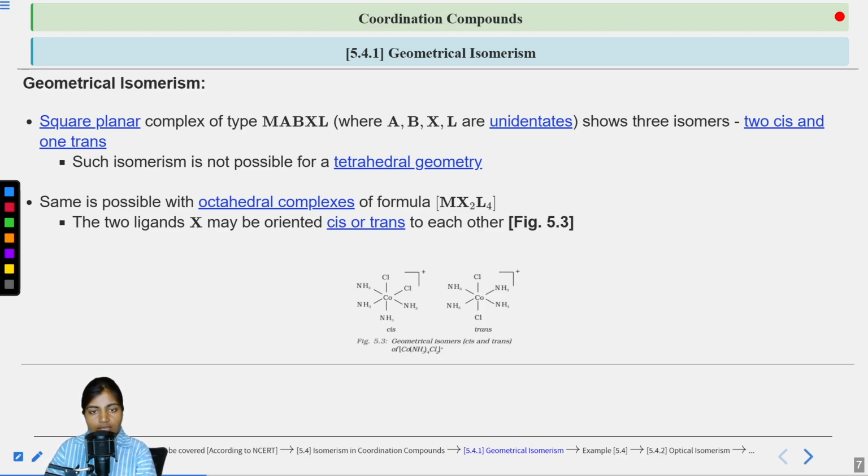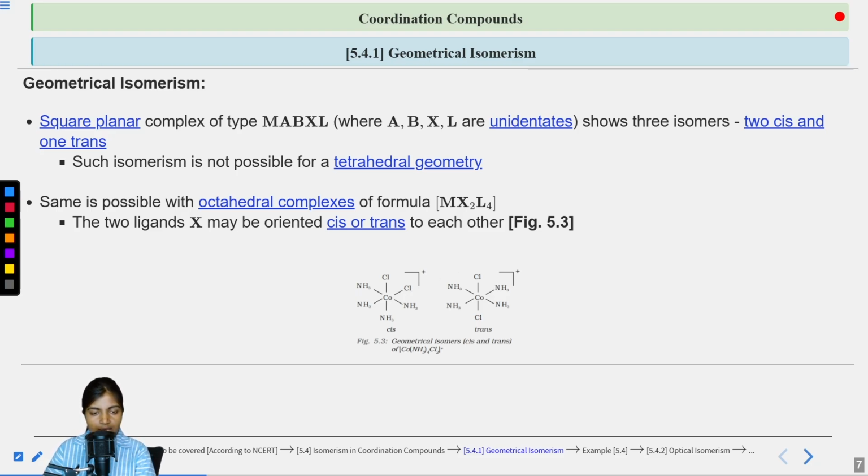Let's say these two are the X ligands. If the chlorine ligands are placed adjacent to each other, you obtain the cis form. And if the chlorine ligands are placed opposite to each other in the complex, they are called the trans form of this isomerism, right?